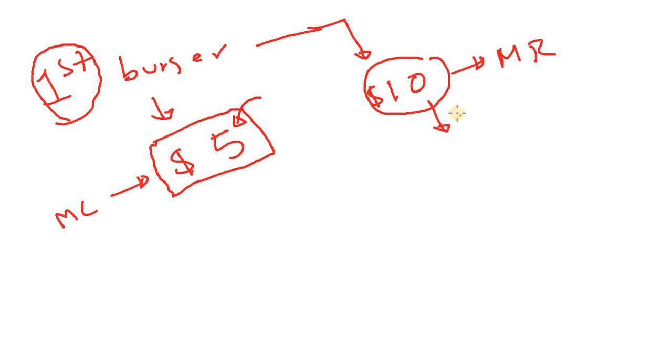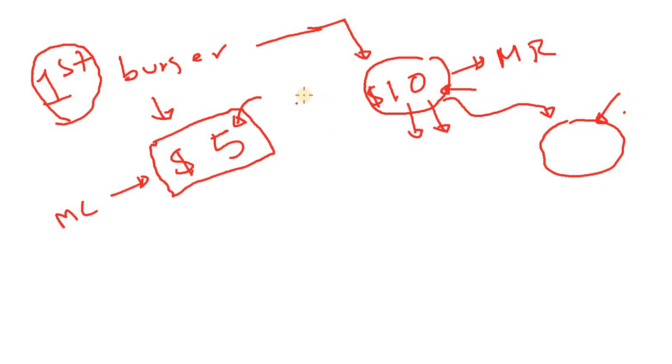Please remember, revenue means simply income. So this is your income from the first burger, the extra money that goes into your cash counter, right? This extra $10 is added to your cash counter when you sell the first burger.